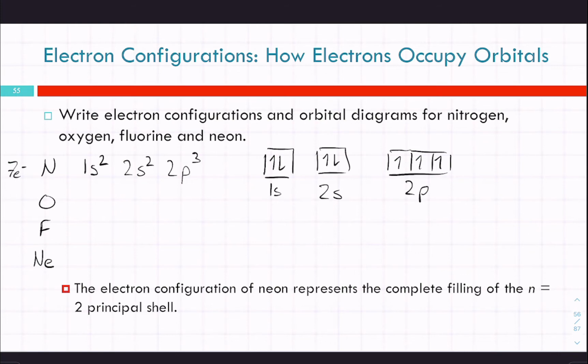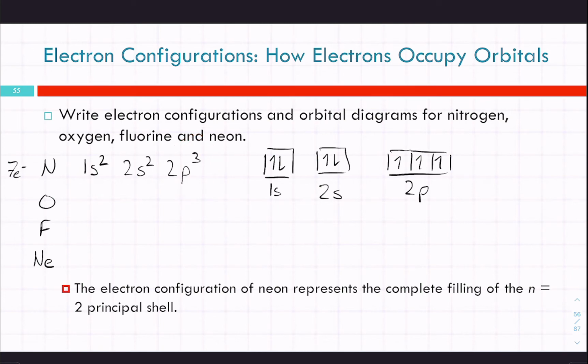What's lithium? 2s1. Beryllium would be 2s2. And then boron starts our p block. So it'll be 2p1, carbon's 2p2, nitrogen's 2p3, which we just wrote out here.